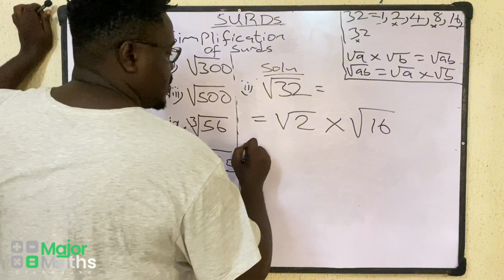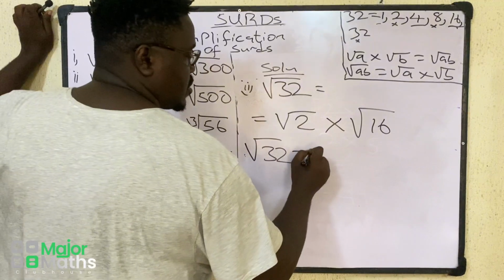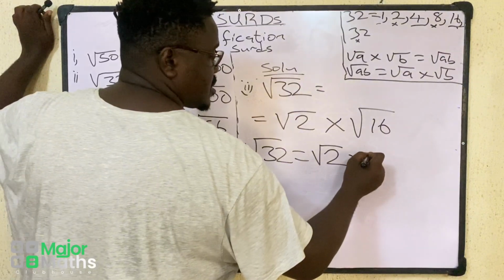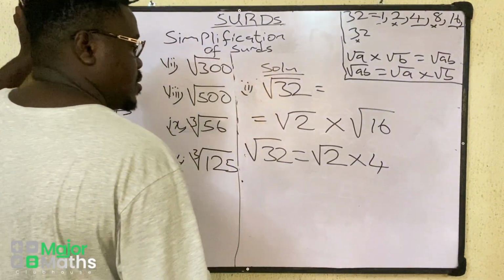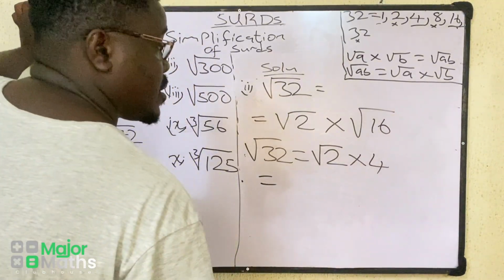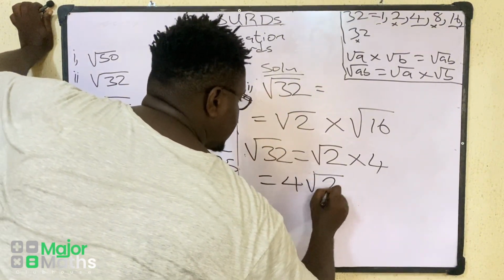Root 32 is equal to root 2, which will still be here, times root 16, which is 4. Therefore, root 2 times 4 gives you 4 root 2.